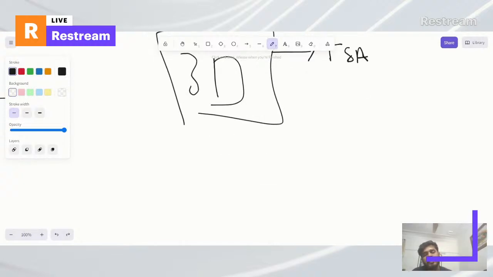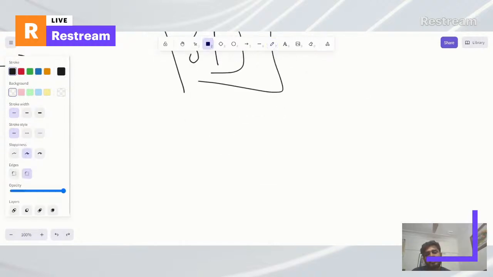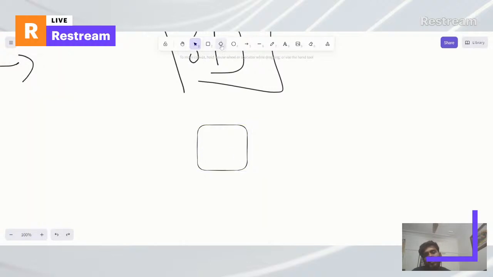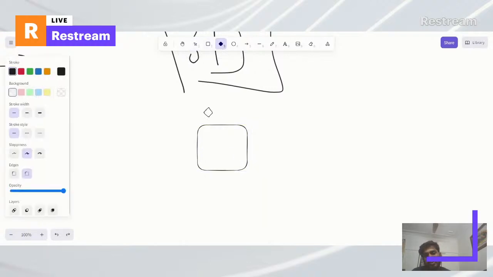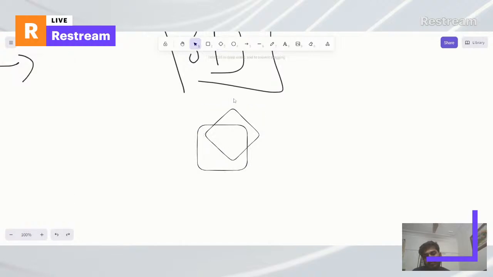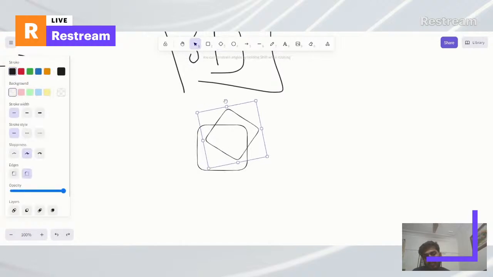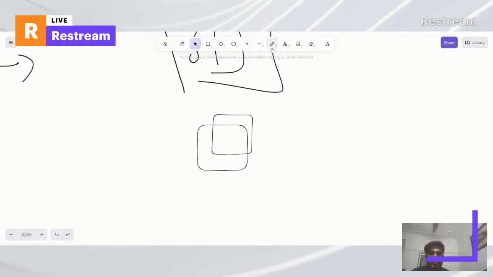So let's begin with much similar and much seen shapes. Okay, so now we have a square right here. Okay, so let's imagine that this square. Okay, so these are the two squares, right?